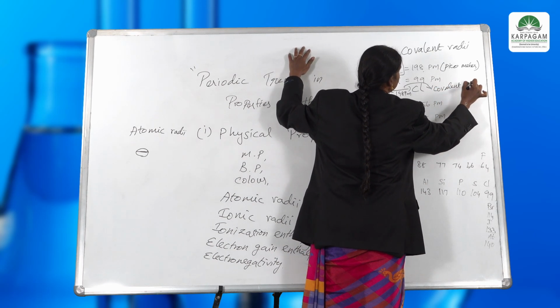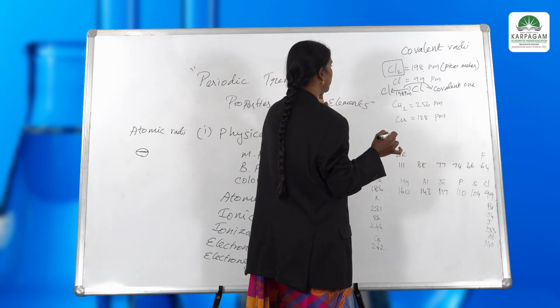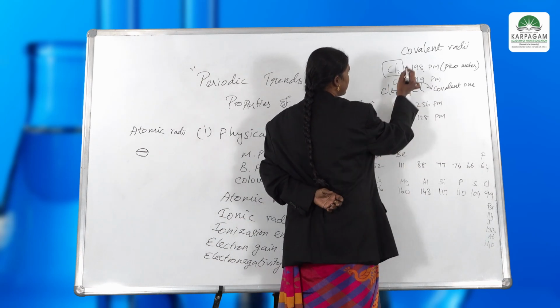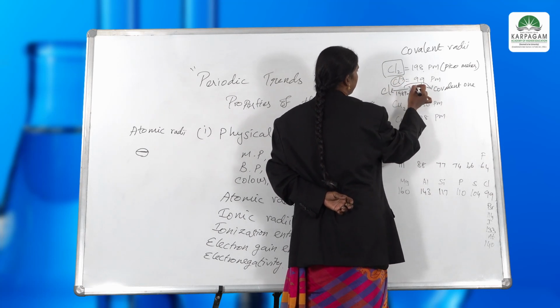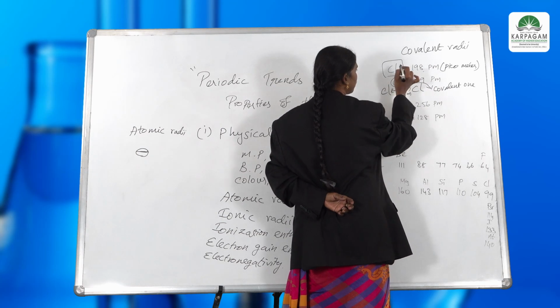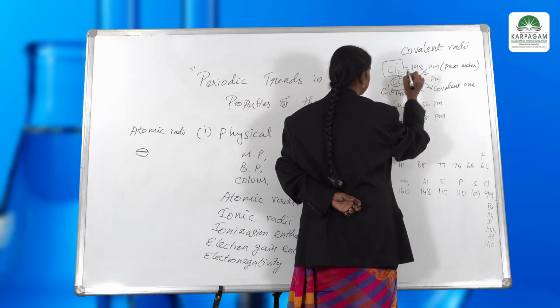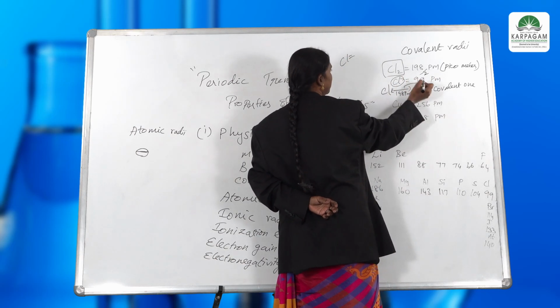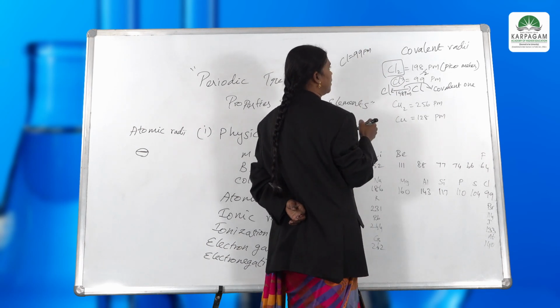Covalent means equal sharing of electrons. From that covalent radii we get the atomic radii, because it is 2 chlorine atoms. So the distance is divided by 2, and we get a single chlorine atom's radius, that is 99 picometer.